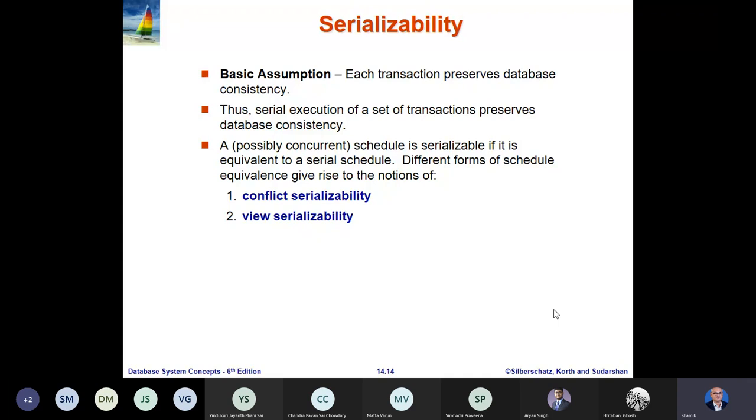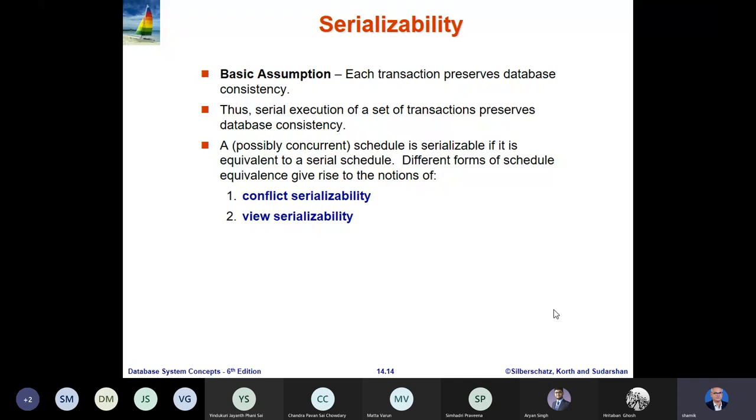So if the database management system enforces the property that only serializable schedules will get formed, then even though concurrent executions are happening, the database will still be consistent, and we also have the property of isolation.